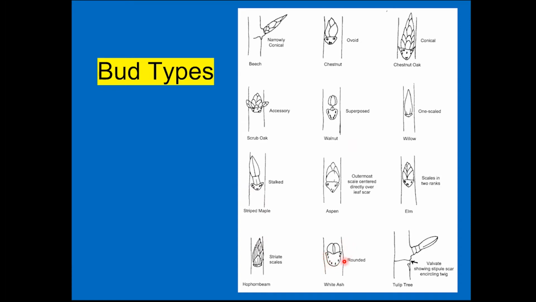You can almost identify the tree just by the bud scar. Some of them have very prominent bud scars, and some of them have just one scale. So it's very interesting, if you get into it very deep, to identify trees just by the buds that come out.